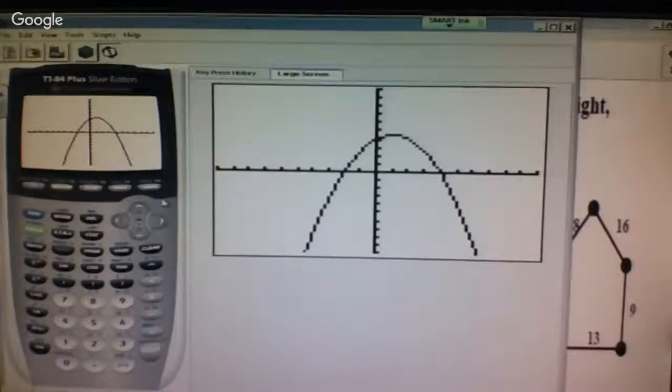Well, you look at the maximum. That would be your X. Perfect. And then that would be your Y part, yes.